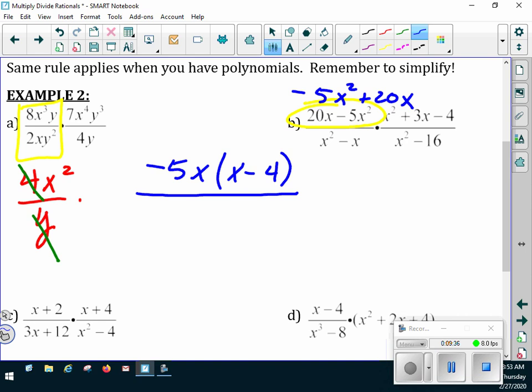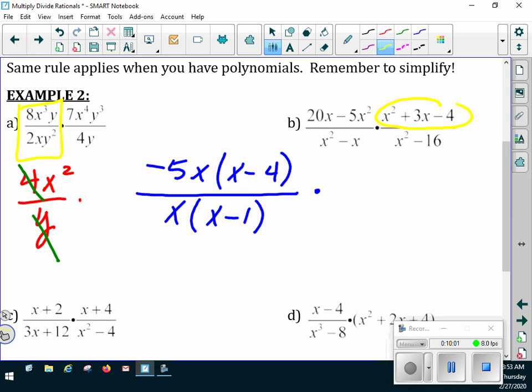How can we factor that denominator? So we're right here. Good. X is your GCF. Times what? Now we're right here. That's a trinomial. Is there a GCF?